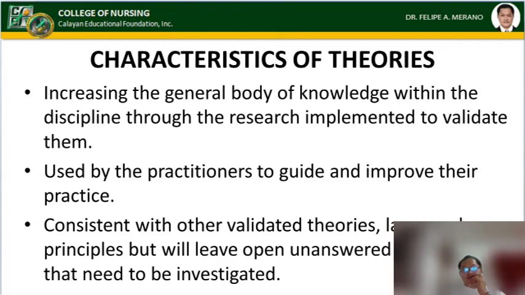Next, theories are consistent with other validated theories, laws, and principles, but will leave open unanswered questions that need to be investigated. To improve our theories or knowledge, we need to consistently review and validate all those knowledge and concepts so that they can be applied in our future profession.